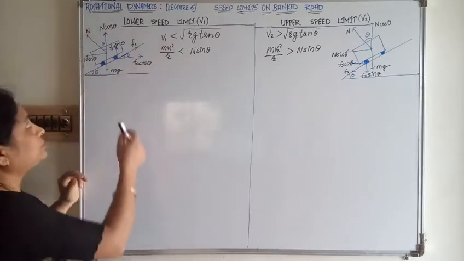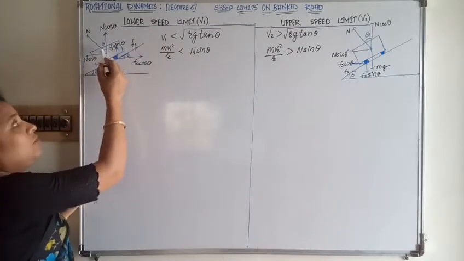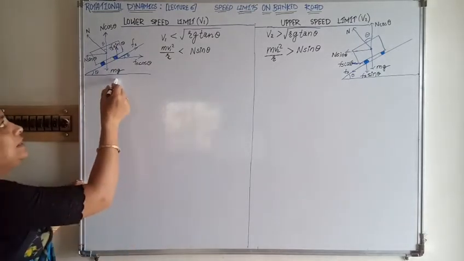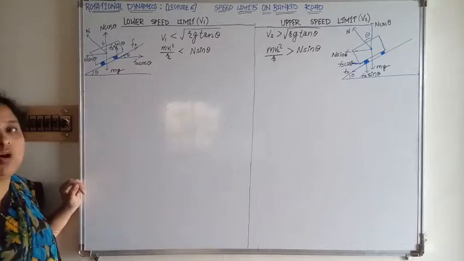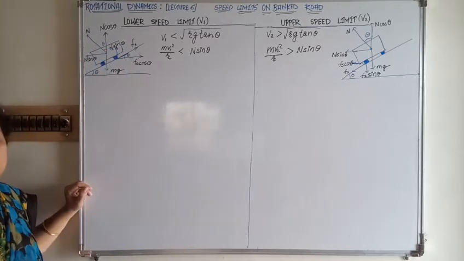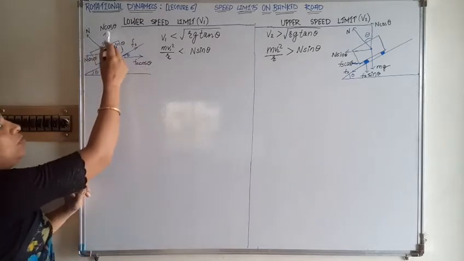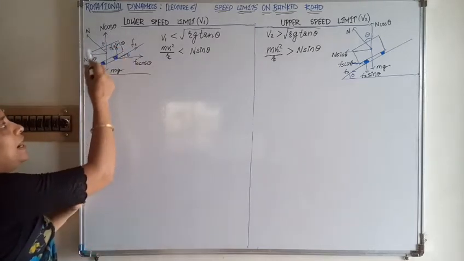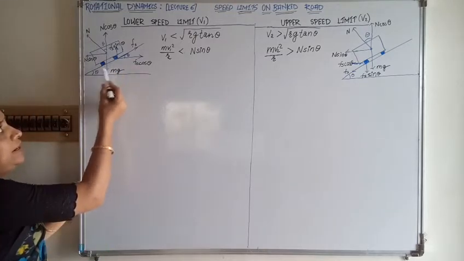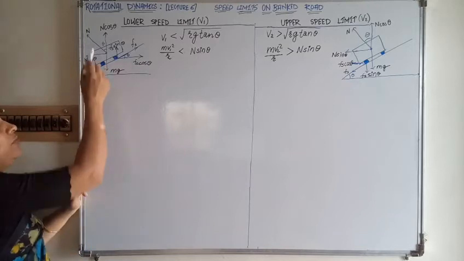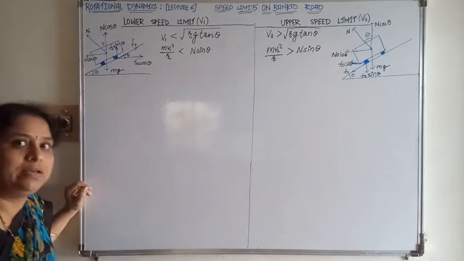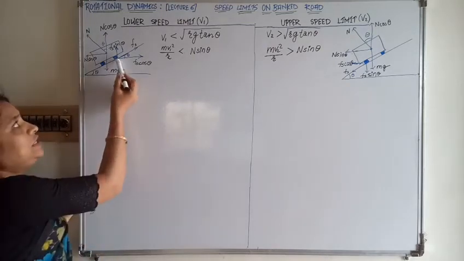Now see here, again we consider what are the forces acting on the vehicle. Same as in the last case, n is the normal reaction force which is perpendicular to the road surface and perpendicular to the vehicle, and that n is resolved into two components, n cos theta and n sin theta. The weight mg acts vertically downward. Along with these two forces, the normal reaction and the weight, we consider here the frictional force.